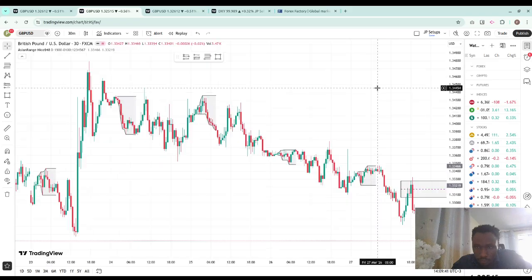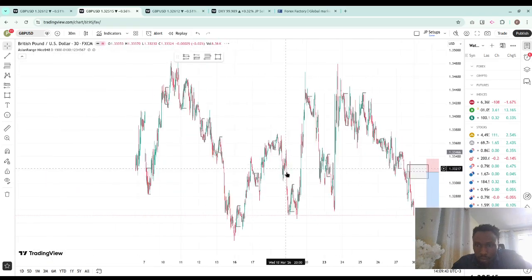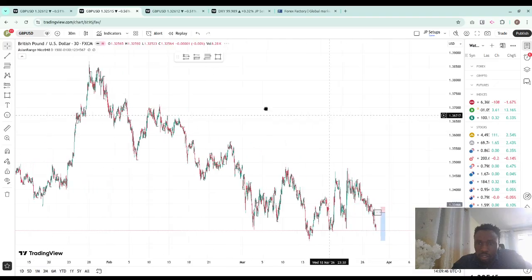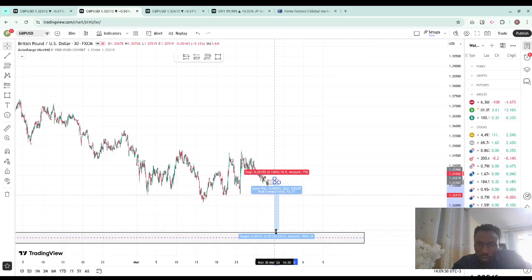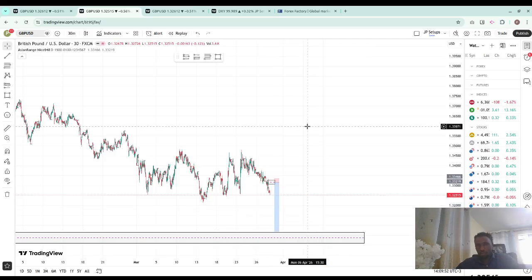But the long term, I'm still favoring long term sales to somewhere here. Of course, I'm not a swing trader for now, but that is the general view.